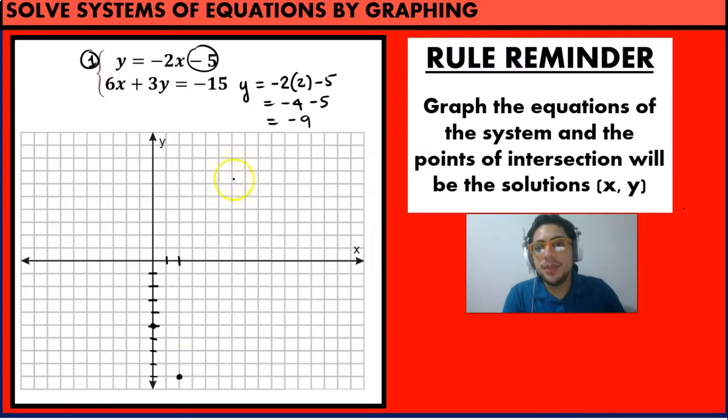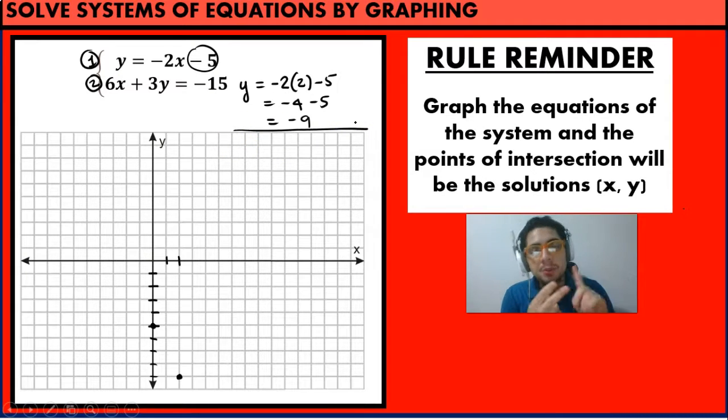Okay, now for the second equation, you are going to do the same thing. So in order to graph, you're going to choose 2 points, right? So for example, let's say on the second one, what is the value of y when x is equal to 0?